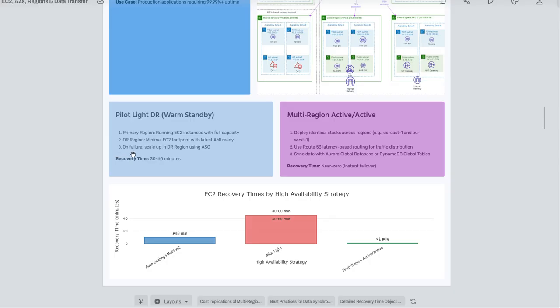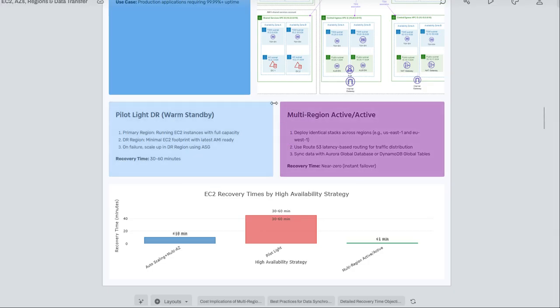On failure, it will be scaled up in the disaster recovery region using ASG. The Auto Scaling group will make it the size of the primary when a failure occurs, right? In these warm standby setups, recovery time is about 30 to 60 minutes.